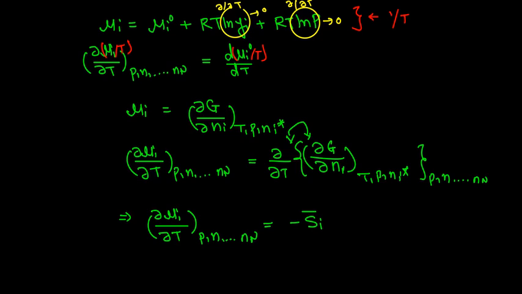Okay, and I use this in this particular expression. I have Gi bar equals Hi bar minus T Si bar, but Gi bar is nothing but μi, so μi equals Hi bar minus T Si bar.